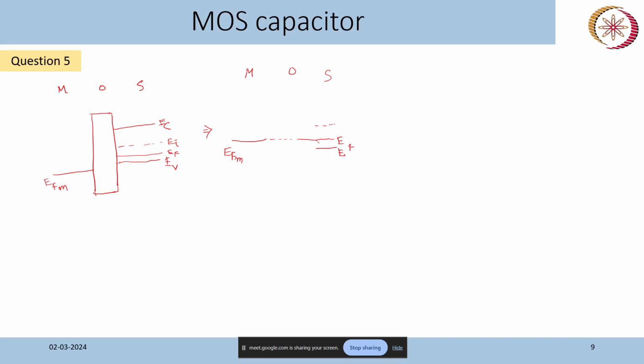This is EV, Ei, EC. Now this Fermi level, to get aligned with the metal Fermi level, will go below, so the bands will bend like this at the interface. Ei will also bend and EC will also bend.